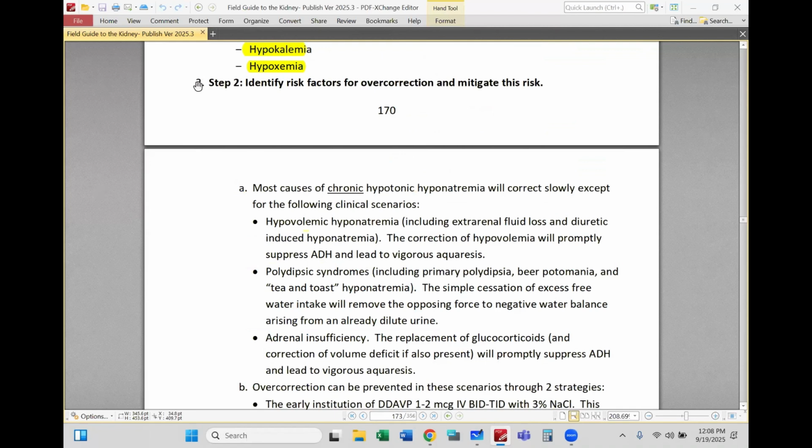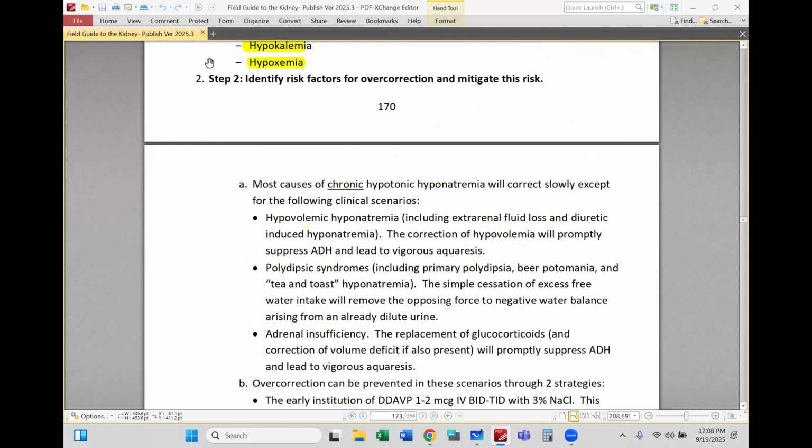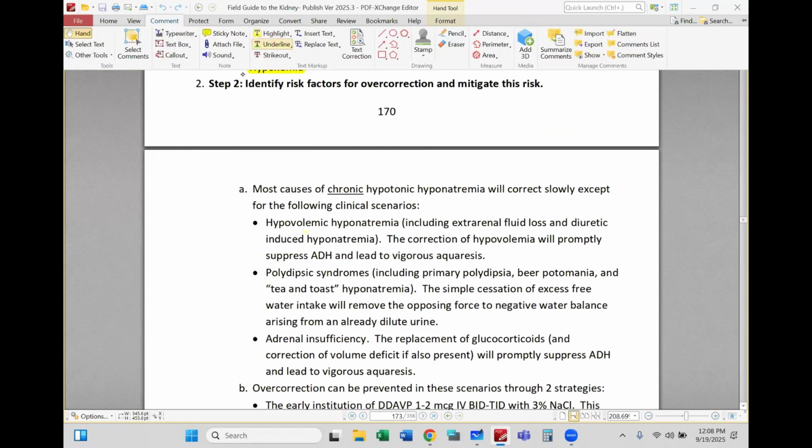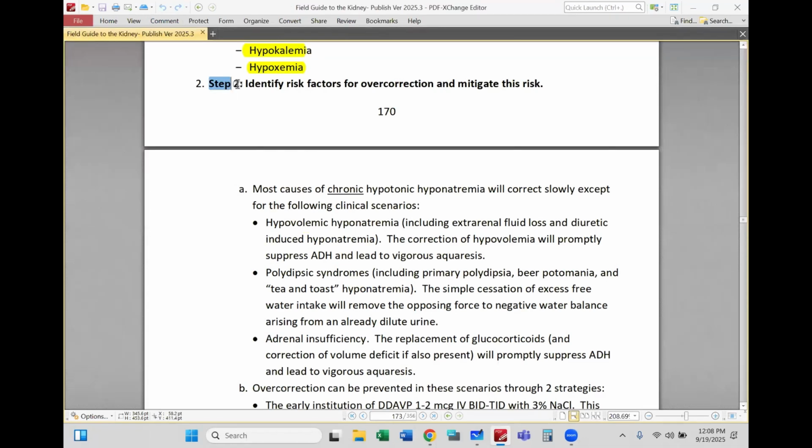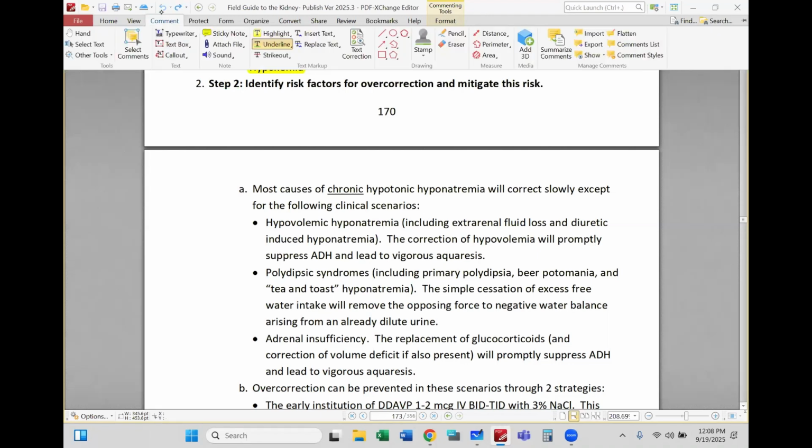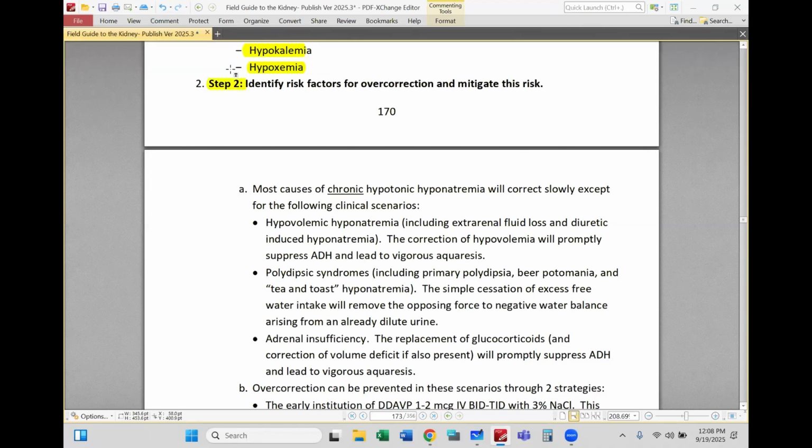And that certainly includes, once you've defined the rate of correction that's desired, for those individuals that you decide to correct slowly, you now need to find risk factors for overcorrection and then institute measures to mitigate that overcorrection.